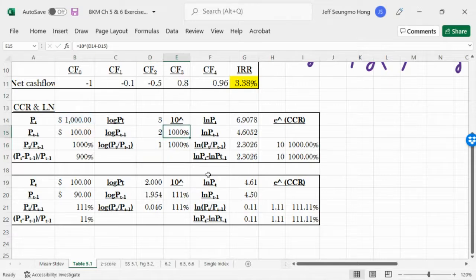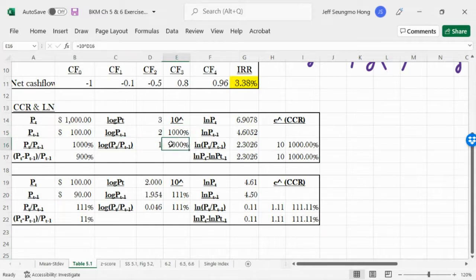Now, in percentage, 1,000%. If you take the log of PT over PT minus 1, it will be 1,000% because it's tenfold, right?